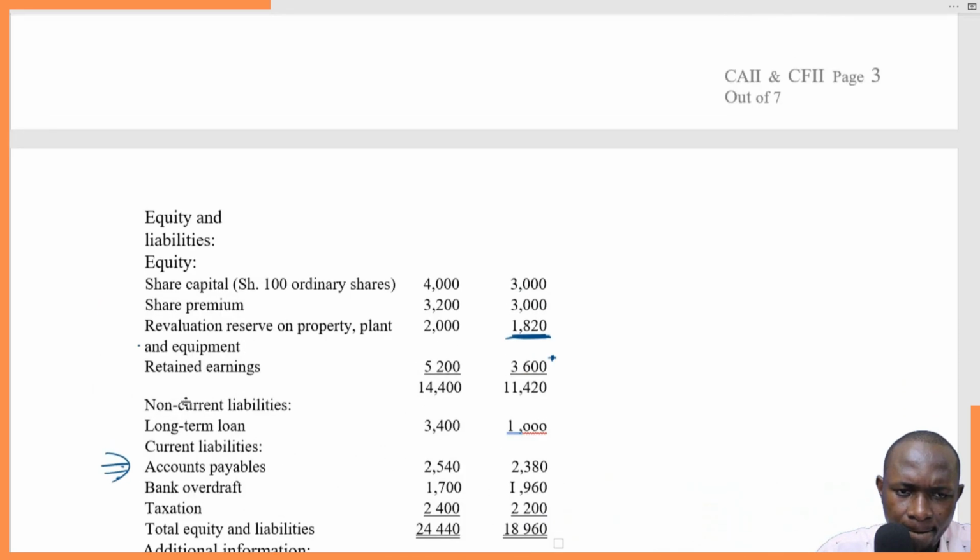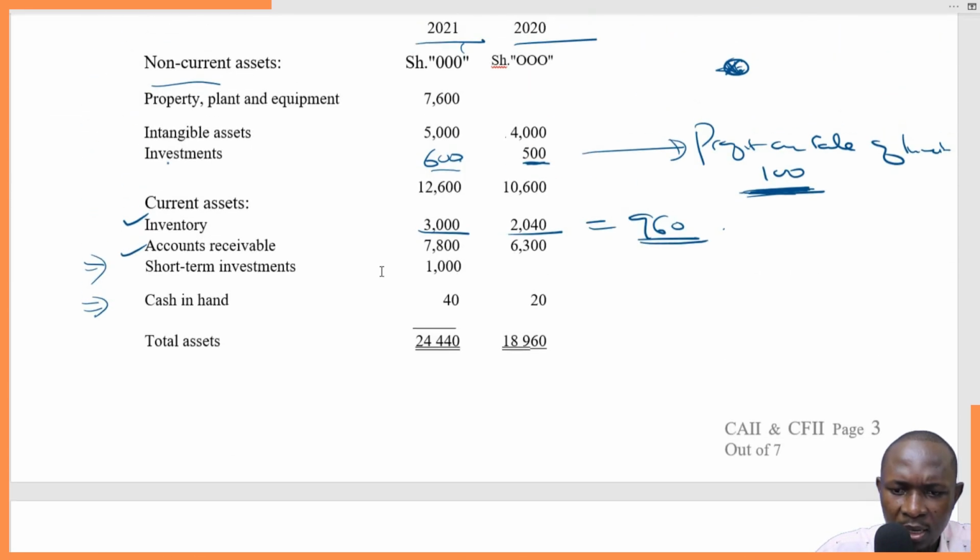Then we come to the accounts receivable. Just take we started there with the previous year 6,300. Now it's 7,800. There's an increase of 1,500. Again, that increase simply shows that we spent. These are debtors. They have our money outside there.